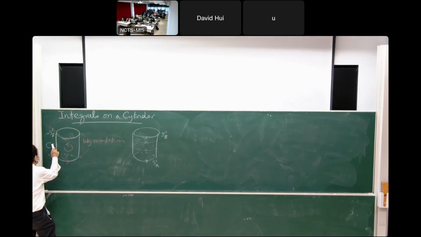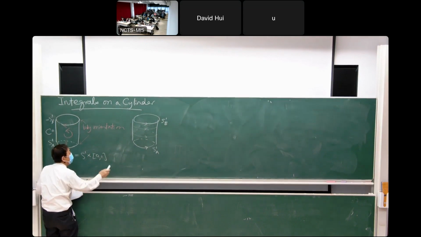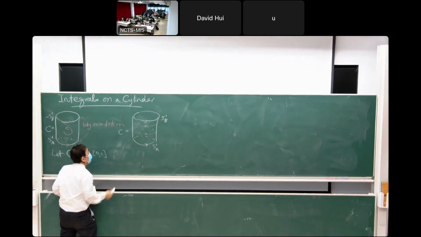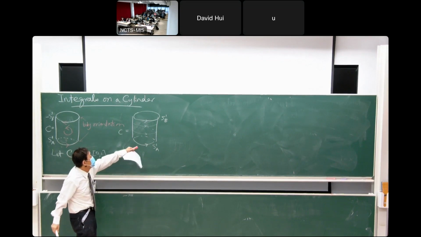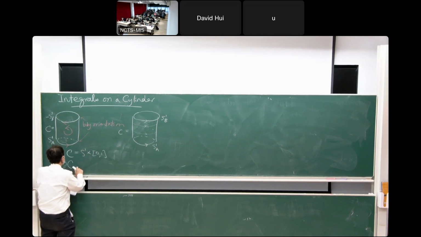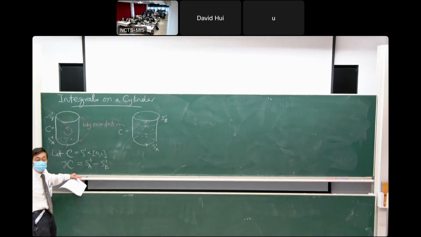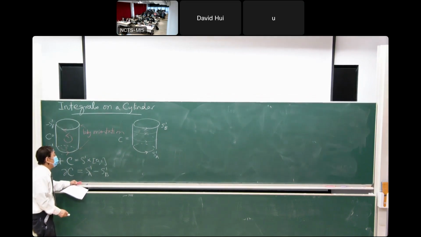So I'm going to call the cylinder C. Okay, and with circles oriented like that, the boundary of C is S1A minus S1B. Okay? The minus sign means the opposite orientation. Yeah, that's how you orient the boundary.